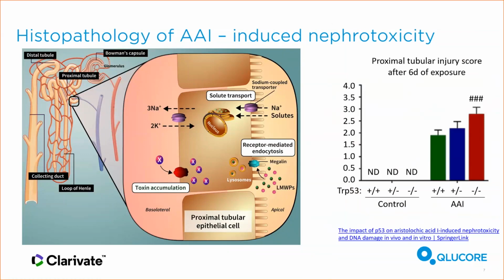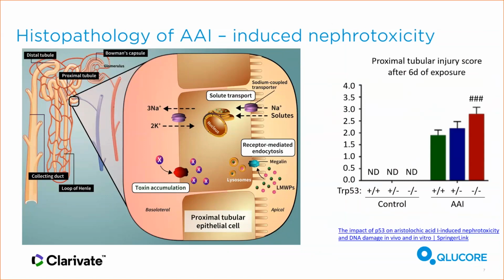And this inset shows a proximal tubule epithelial cell with a brush border designed to improve the reabsorption of useful solutes back into the cell to be recycled into the body.